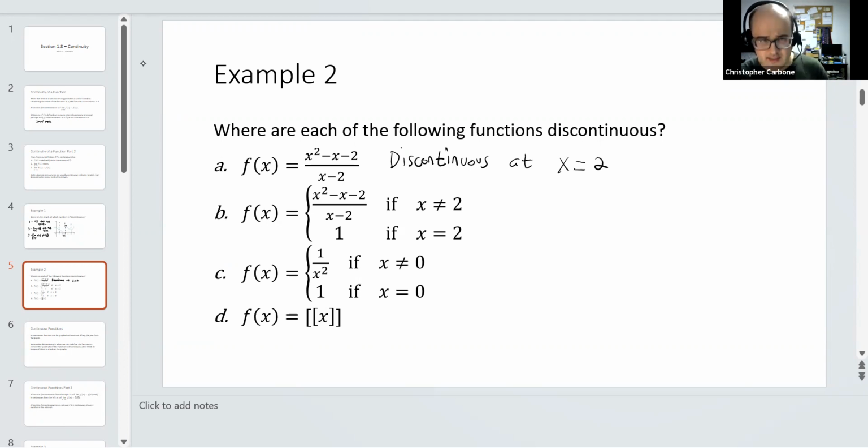And that's the only part where that's discontinuous. We'll be seeing it in a little bit, actually, but the reasoning for that: the numerator is a polynomial, the denominator is a polynomial. Both of them are polynomials.